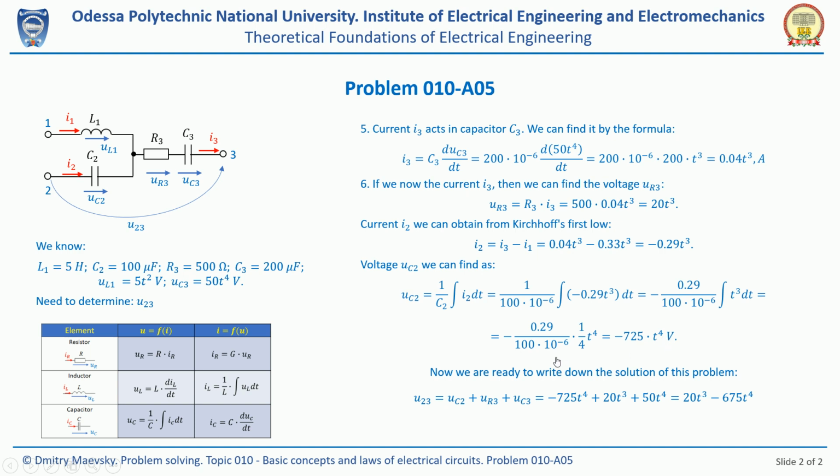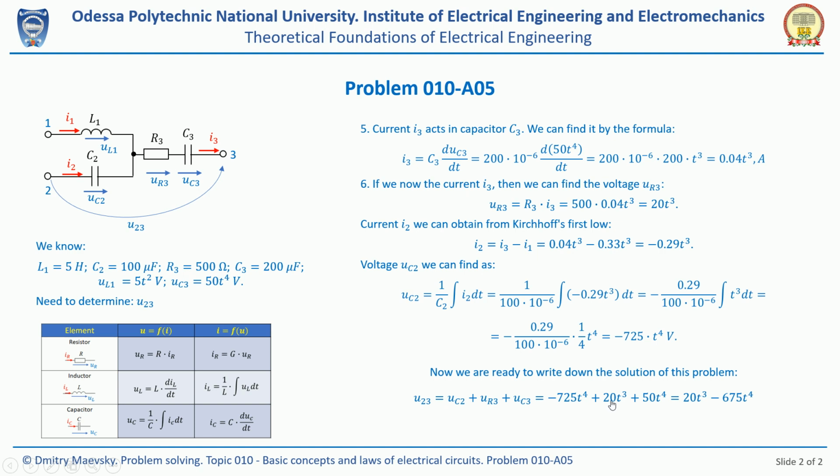And now we are ready to write down the solution of our problem. U23 is equal to the voltage UC2 plus UR3 plus UC3.